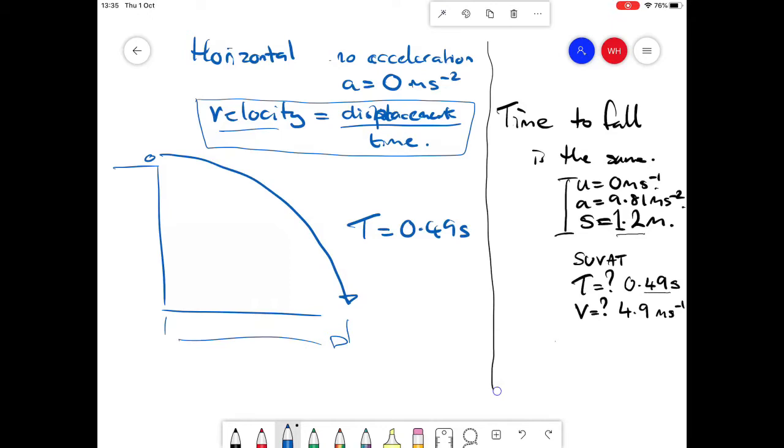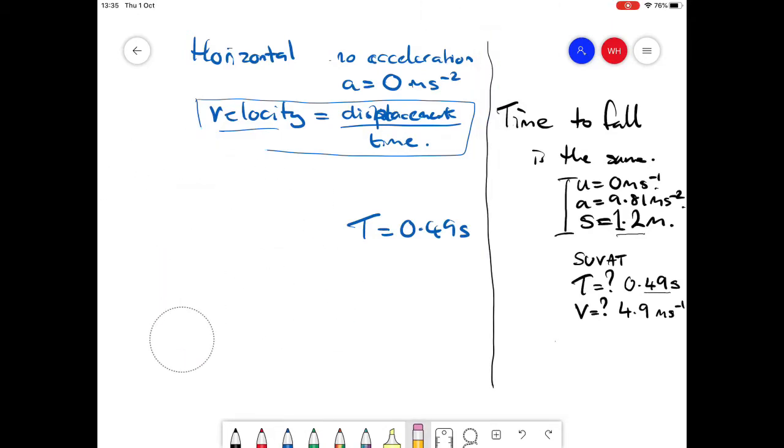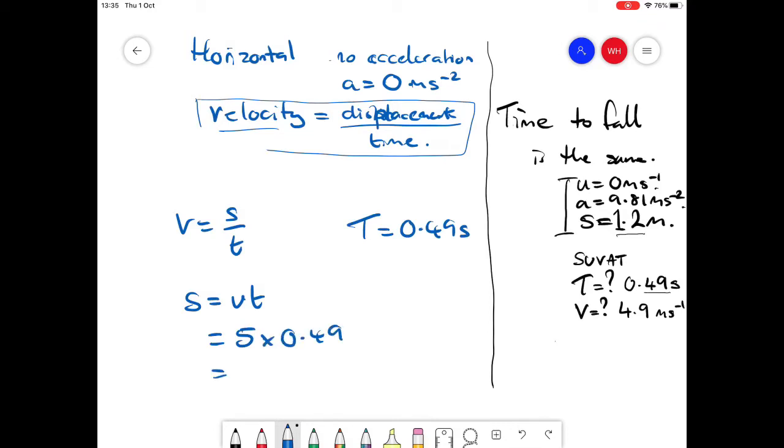I hypothesized earlier that it was 5, so if we wanted to find out how far it goes, v equals s over t. Well, s is going to be vt, which is 5 times 0.49. So we just do that on our calculator: 2.45 meters would be how far I think it would fly.